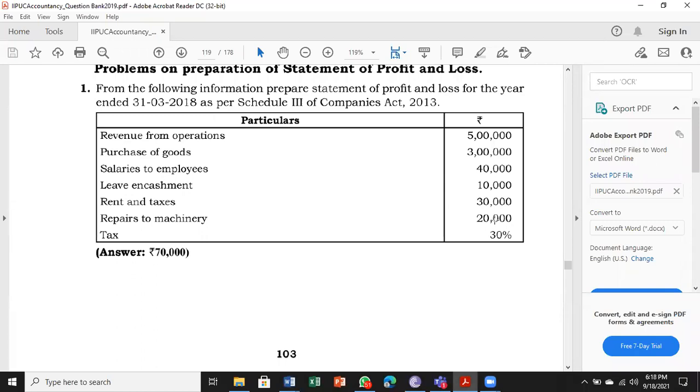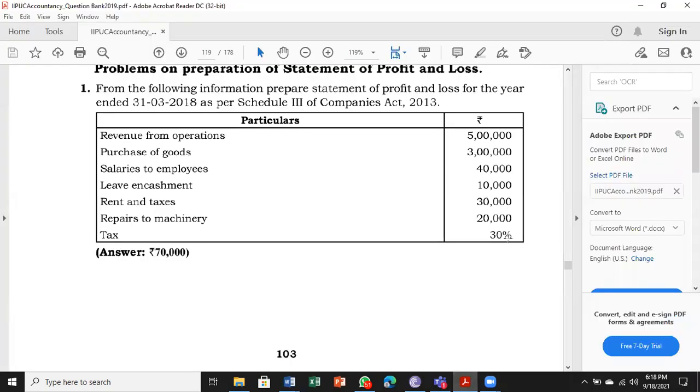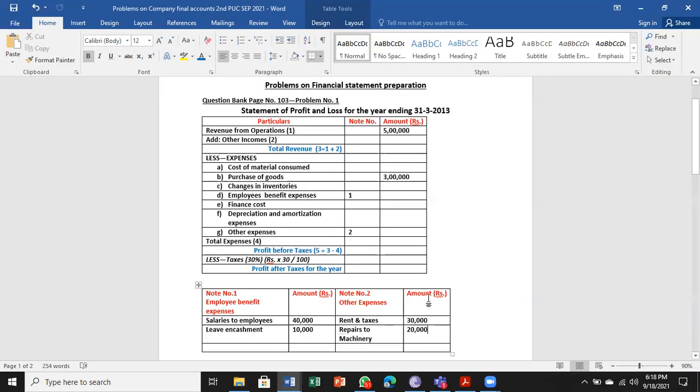We have depreciation, but depreciation is different, repairs is different. So repairs to machinery, 20,000. We don't have any heading for it, so that is going to be here under other expenses. Now we are left with only tax. That will come later when we are preparing the income statement.